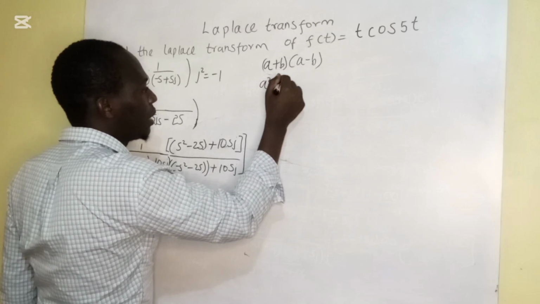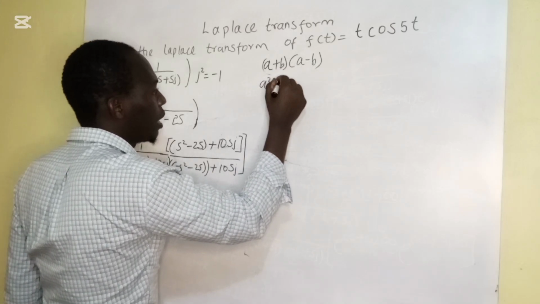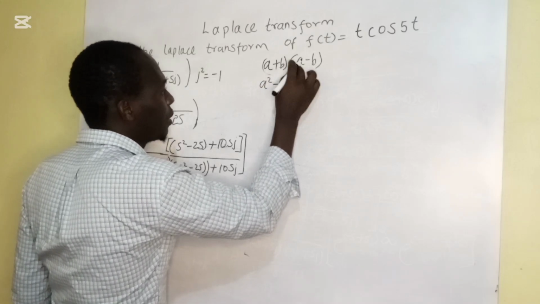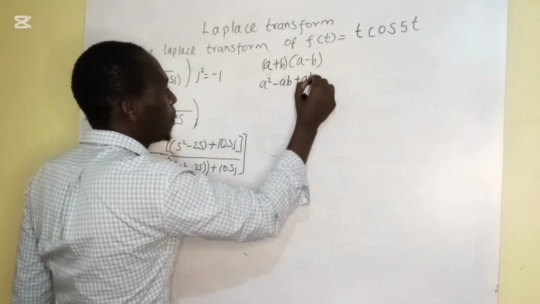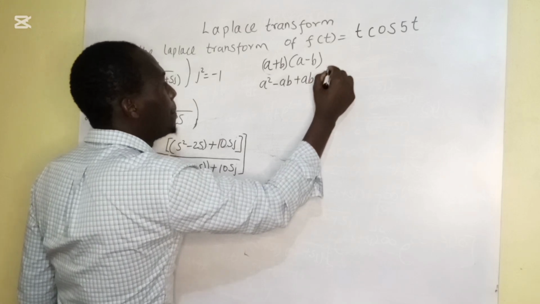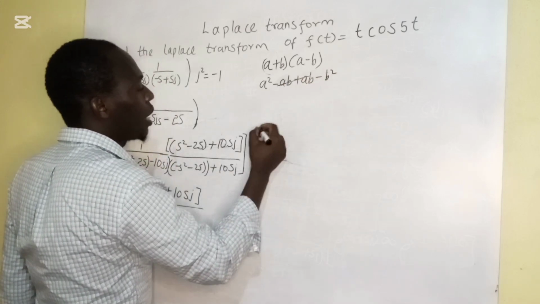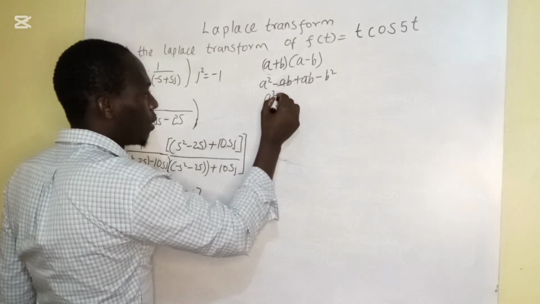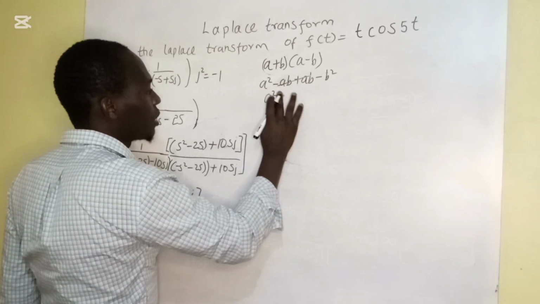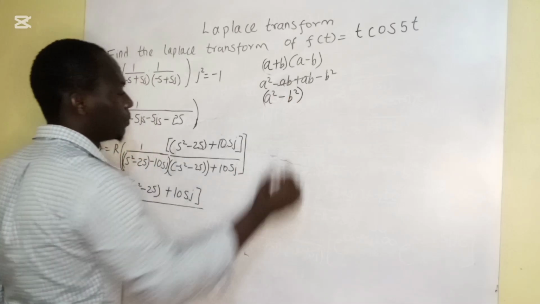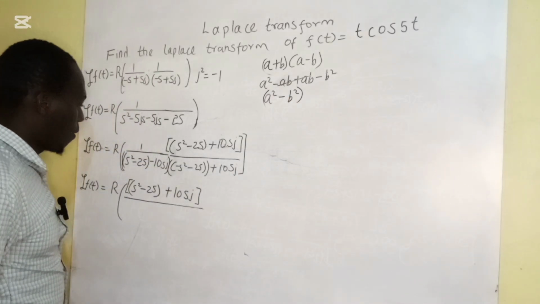A multiplied by a negative of b, we are going to have negative ab. Here we are going to have positive ab. Here we are going to have negative b squared. These two are going to cancel out and we are going to have a squared, we subtract from b squared as our function.